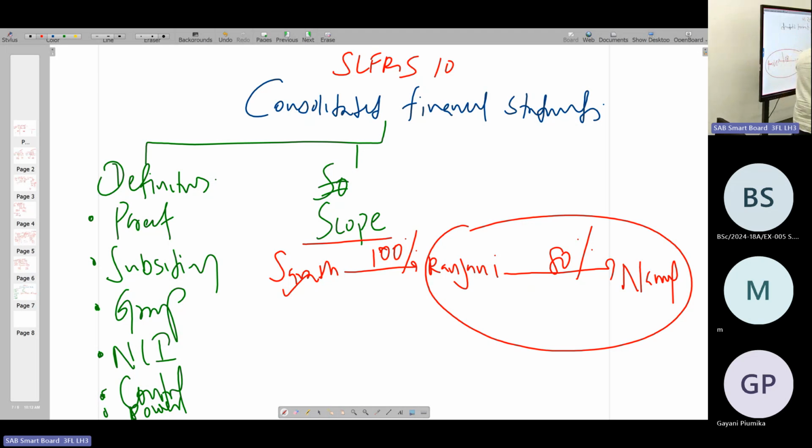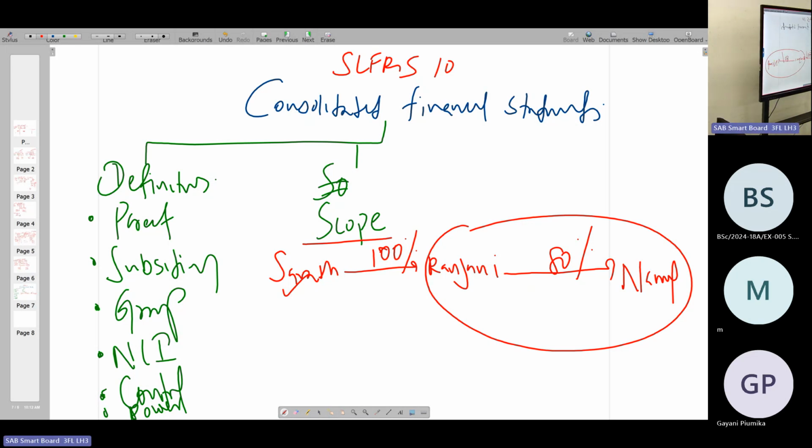Then the percentage under the scope, Sarat, Ranjani, Nama. Right?